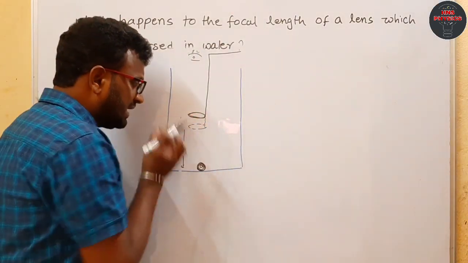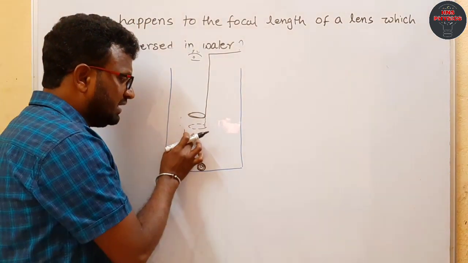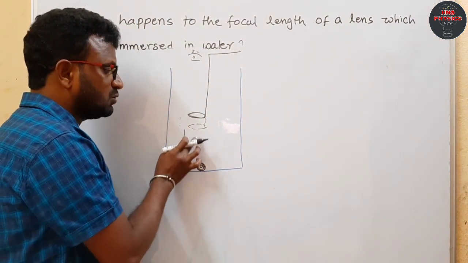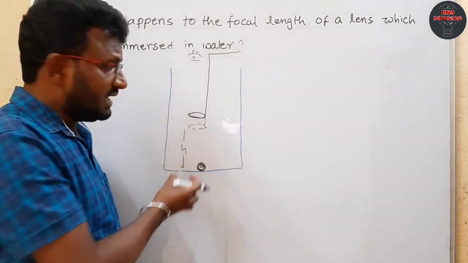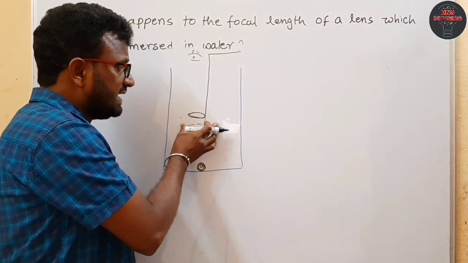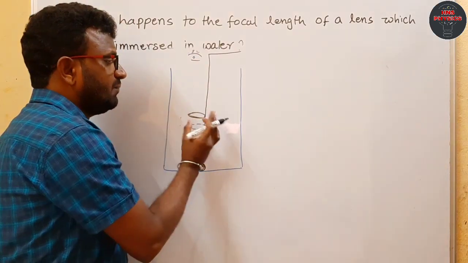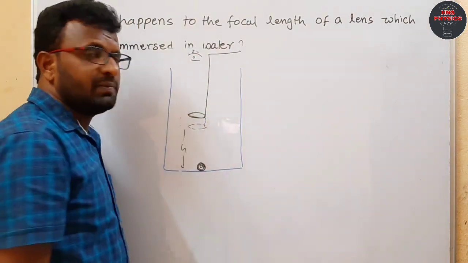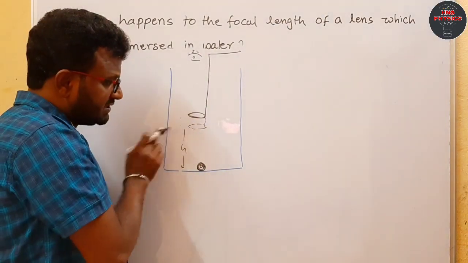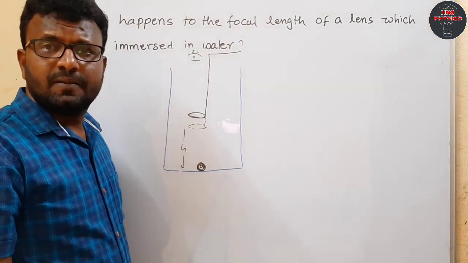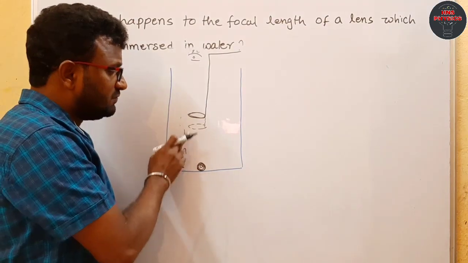So at one particular height, you can see the virtual image of the stone when the lens is placed in the vessel. In this case, around the lens there is air.